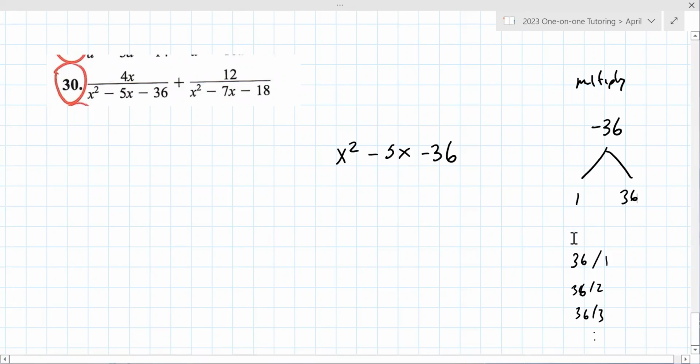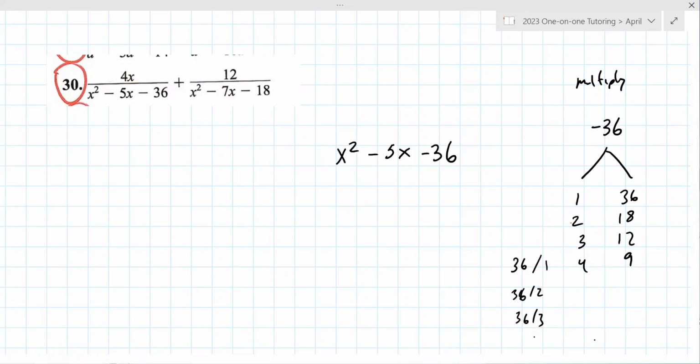I mean, closest I could really get to minus 5 on dividing 36 is like dividing it by minus 9, but I don't know how to get it to 5. So like 2 and 18 work, 3 and 12 work, 4 and 9 work, right? Like 36 divided by 4 is 9.